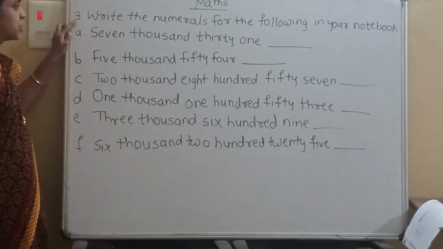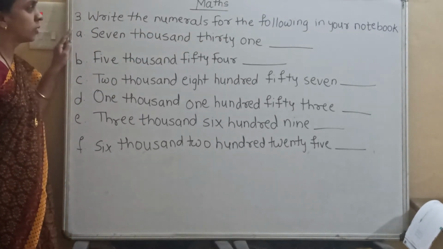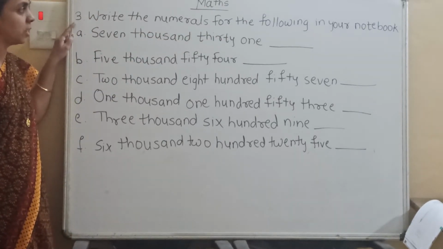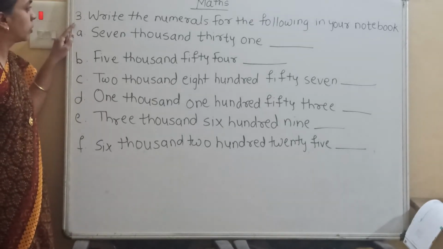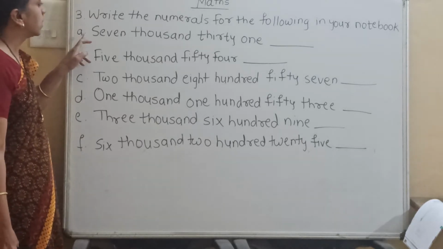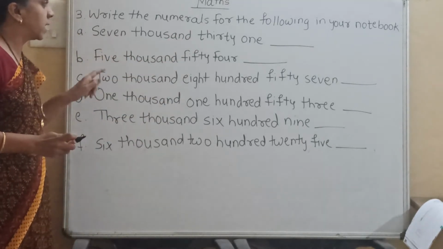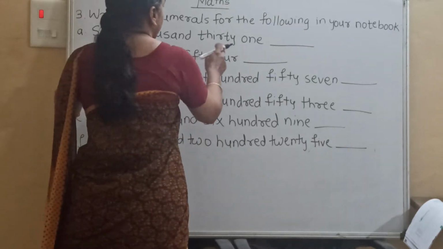Now see third question. Write the numerals for the following in your notebook. This third question you have to write down in your notebook. What is the first question? 7031. We have to write down the numeral for this.